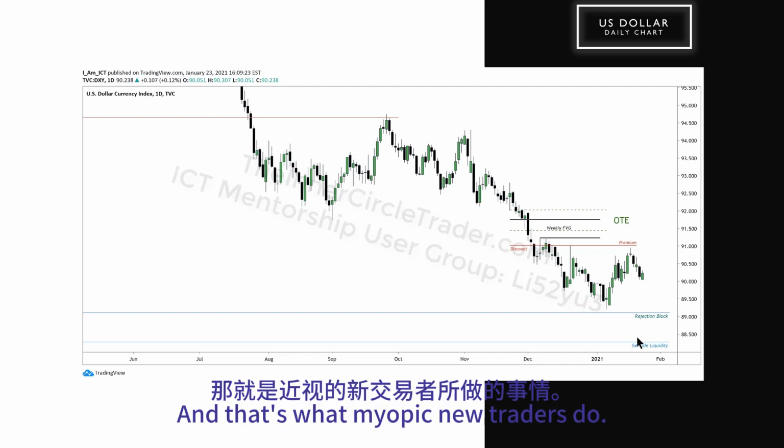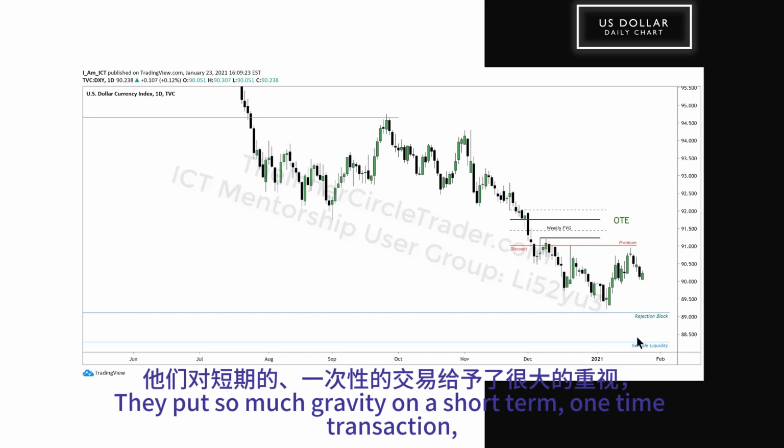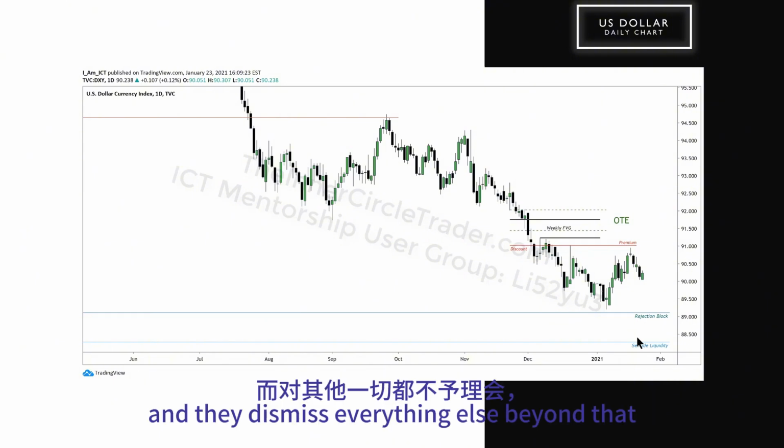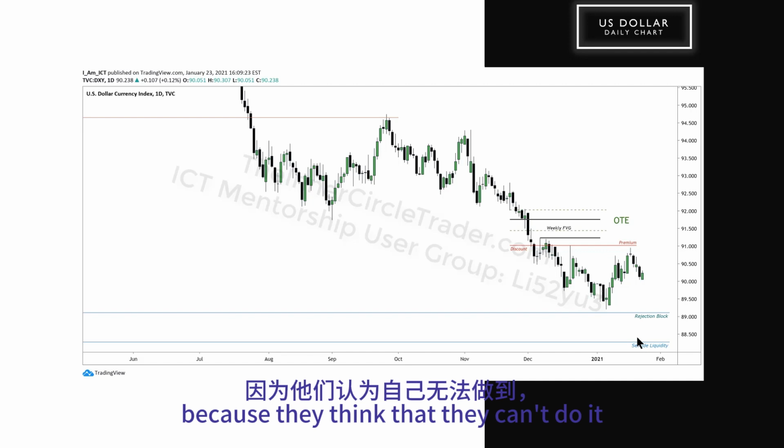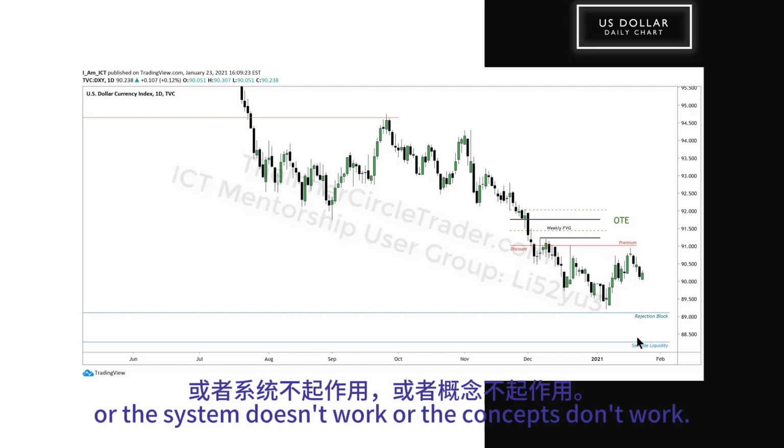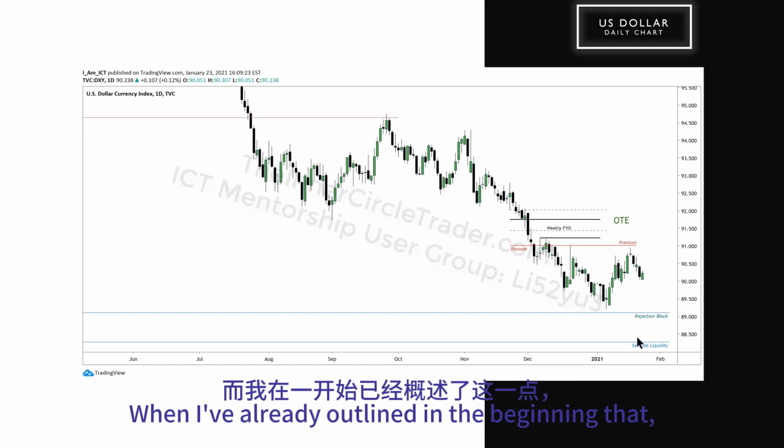And that's what myopic new traders do. They put so much gravity on a short-term one-time transaction, and they dismiss everything else beyond that because they think that they can't do it, or the system doesn't work, or the concepts don't work.